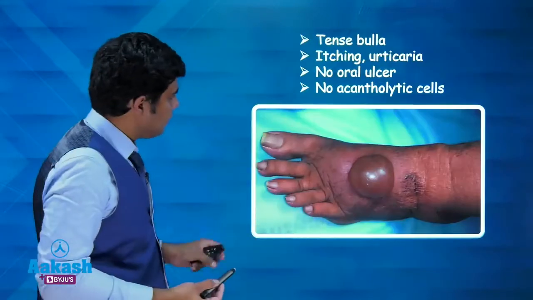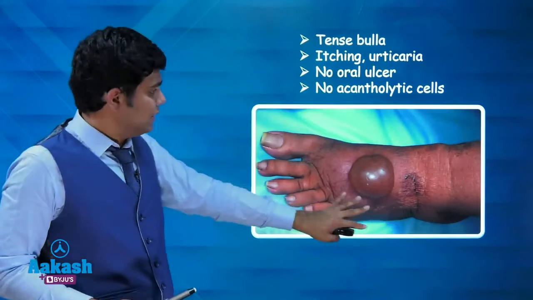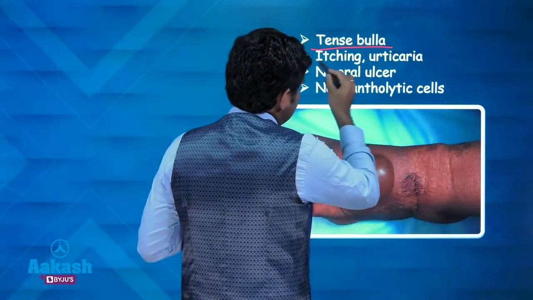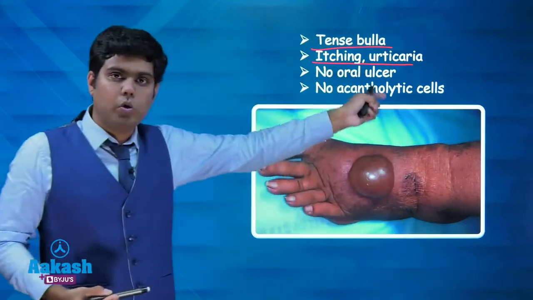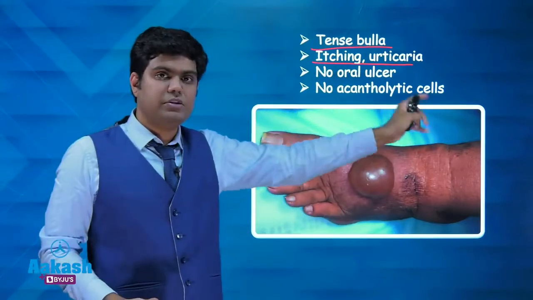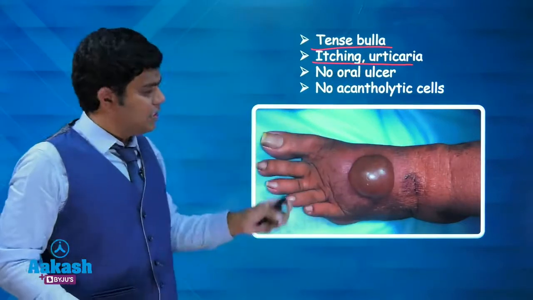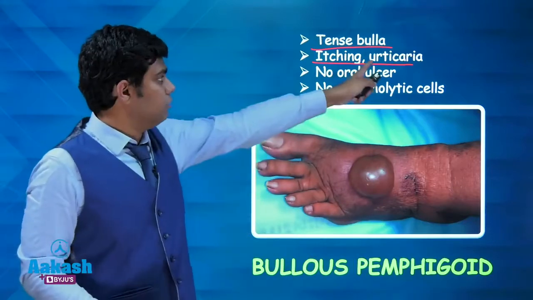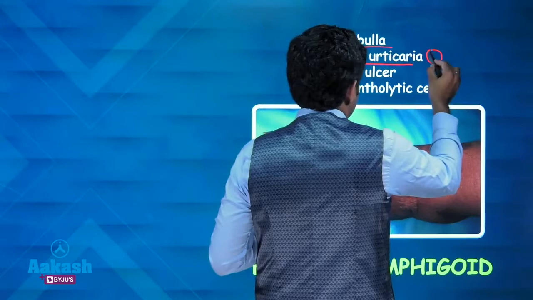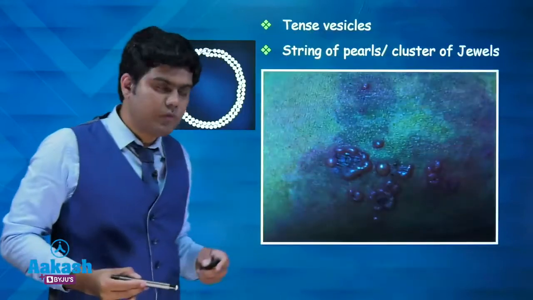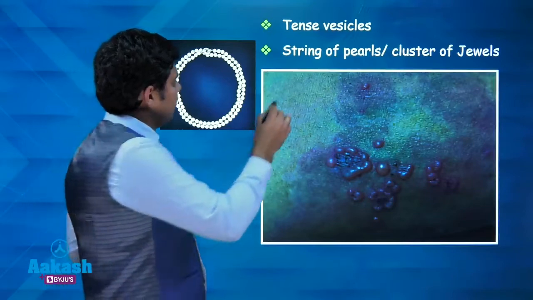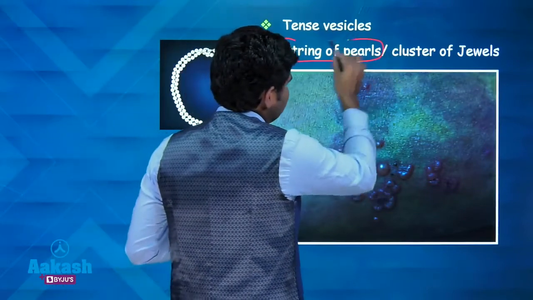Okay. Now can you tell me the diagnosis here? Tense blister, tense bulla, itching, urticaria, no oral involvement, no acantholytic cell, that means it is not pemphigus. It is characteristically seen in bullous pemphigoid. Remember, itching also is a very important feature, itching and urticarial lesions. Okay. What is this? Classic presentation, string of pearls or cluster of jewels.